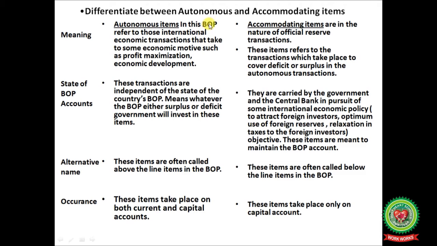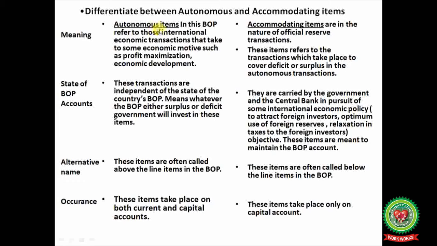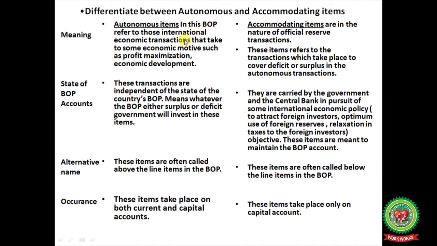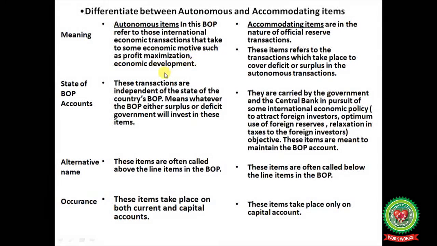Differentiate between autonomous and accommodating items. First of all, meaning. Autonomous items in the balance of payment refer to those international economic transactions that take place for some economic motive such as profit maximization and economic development.